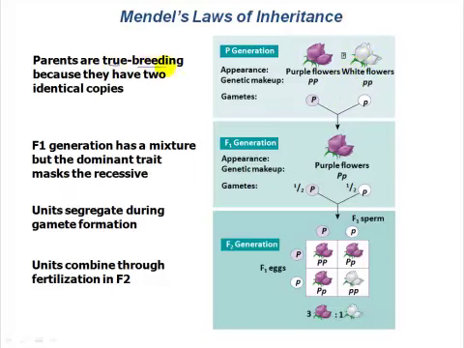Well, Mendel hypothesized that the reason that they were true breeding is because the 2 versions of what he called the unit of inheritance were the same. So purple flowered plants were true breeding because they had 2 copies of this characteristic for purple flowers, and the 2 copies that they had were identical to one another, and so that was all they could pass on to their progeny, right? The characteristic of being purple flowered.